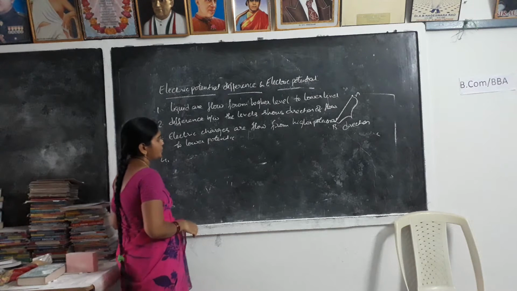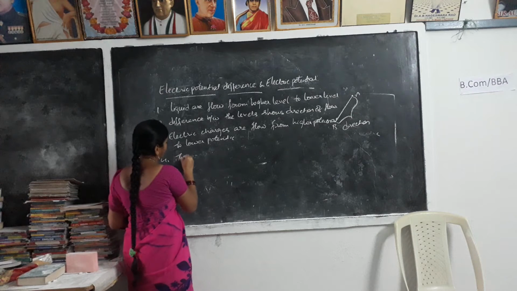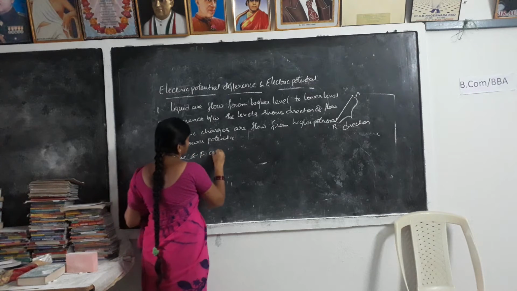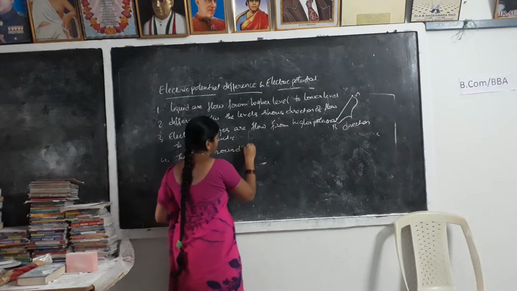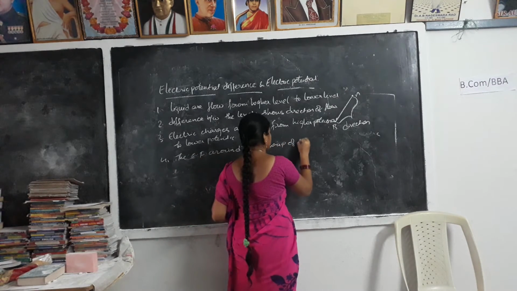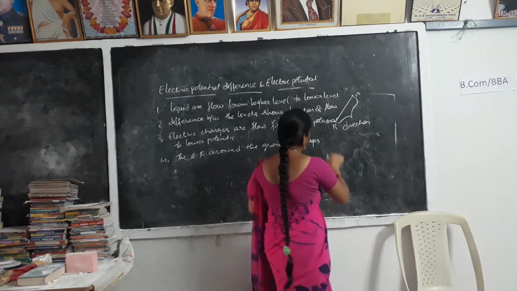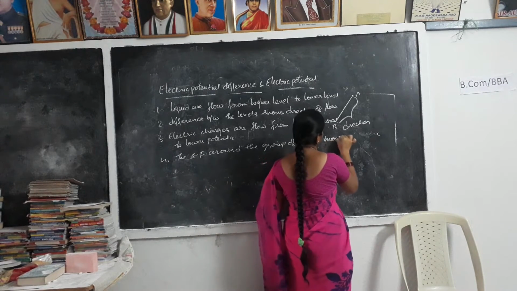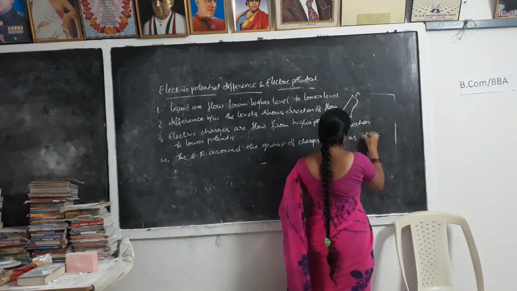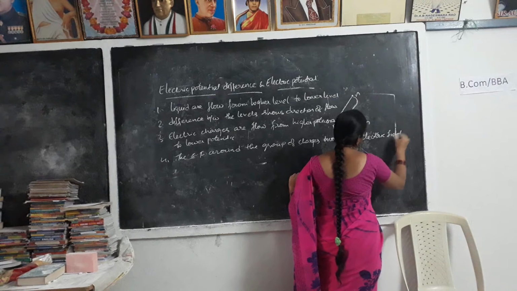So we know that a group of charges means field. So the electric field around the group of charges is known as electric field strength.